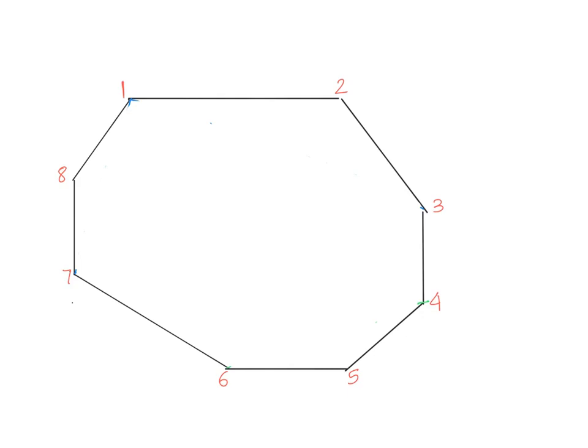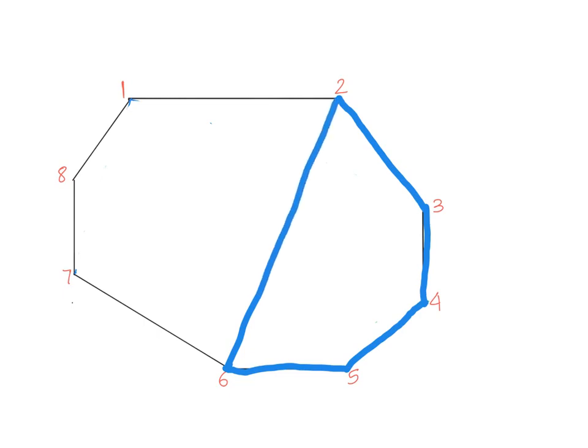Suppose you start at a vertex 2 and you start following the polygon in clockwise direction for a few vertices, let's say 2, 3, 4, 5, 6, and then you return back to the starting point, and that is a section. So let me just write down what a section is.